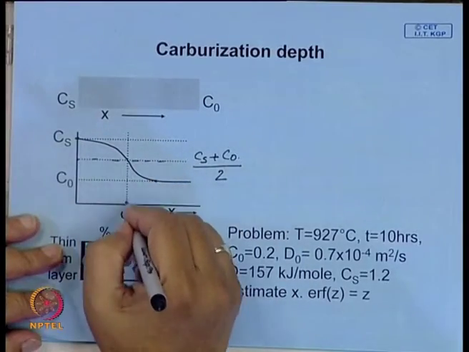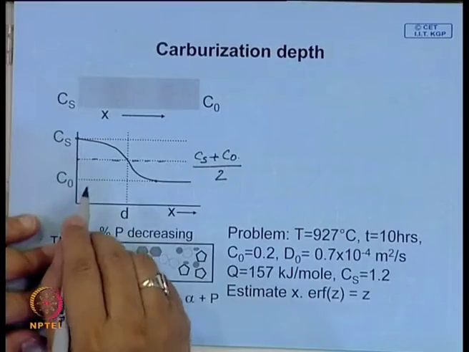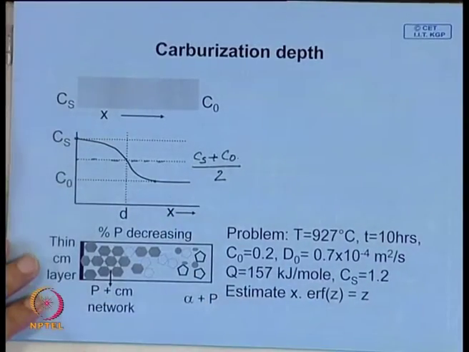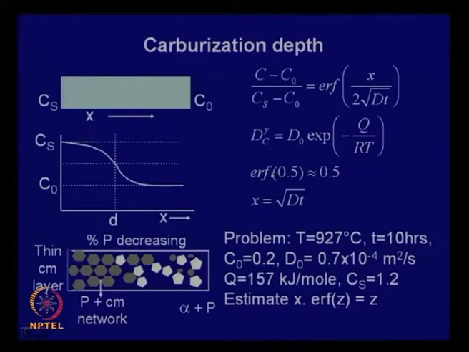And if we define that this is the depth of carburization, then it is quite easy to find out this depth of carburization using this equation here. We know that the error function, if this value z is around 0.5, then the error function is equal to 0.5.